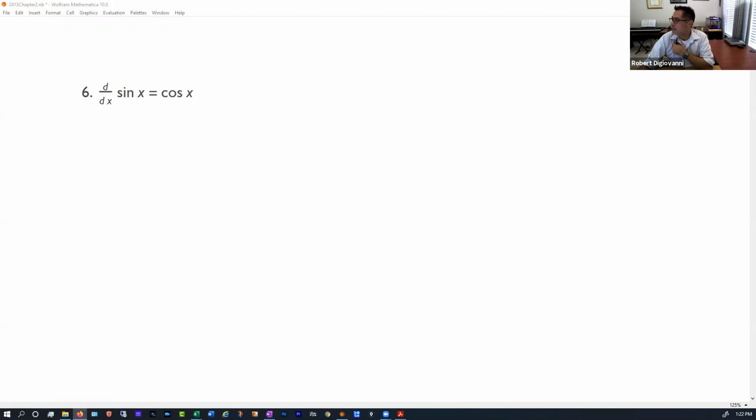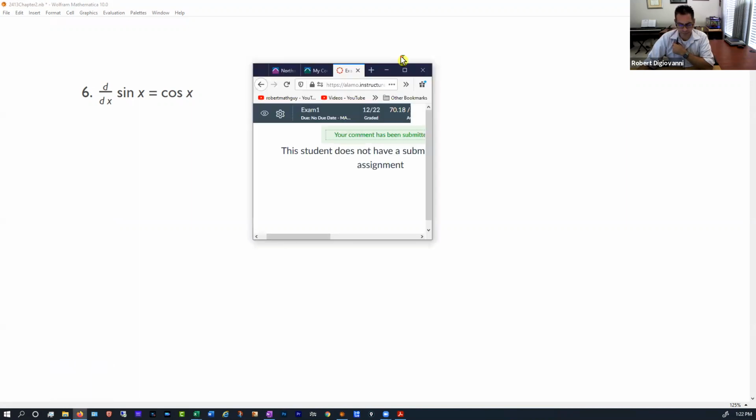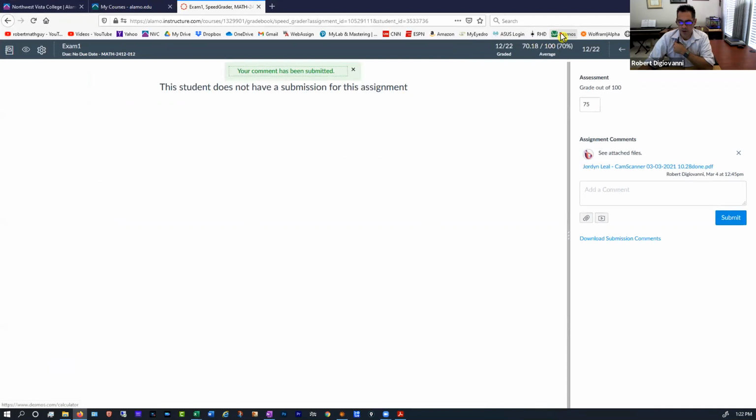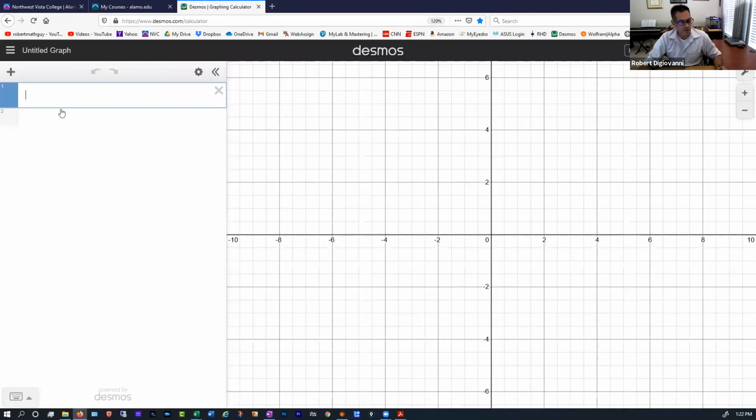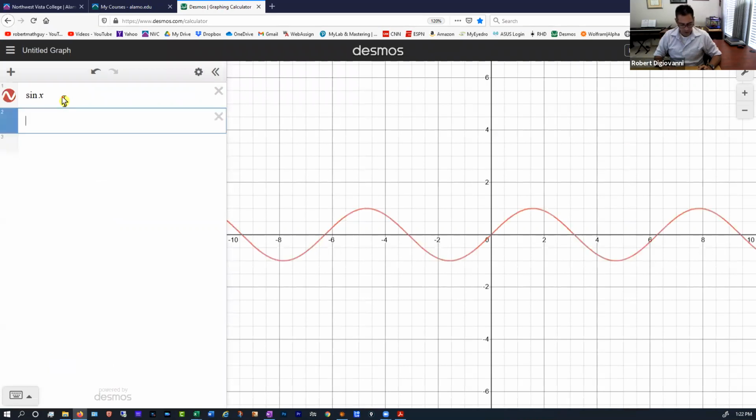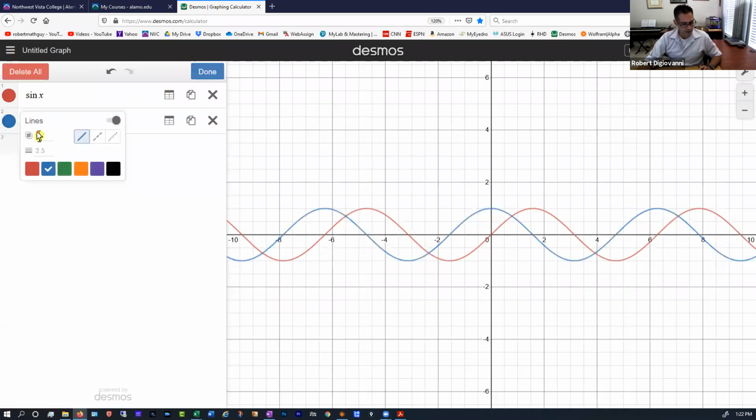Give me a moment to bring my graph up. Okay, so what we're going to do is look at the graph of sine of x, and then I want to look at the graph of cosine of x. And I'd like to make this dotted. There we go.